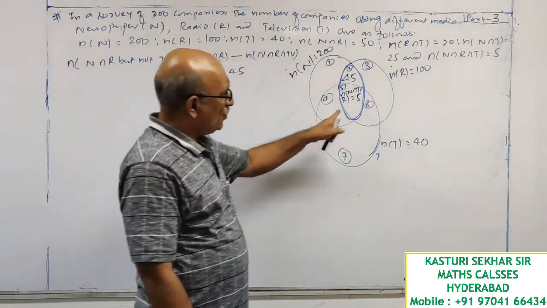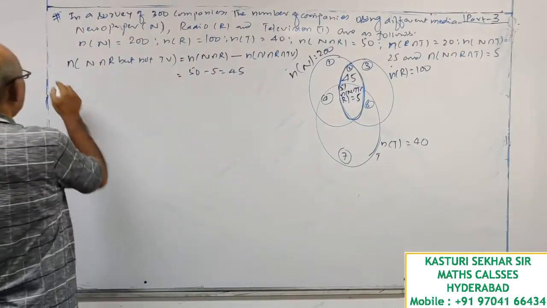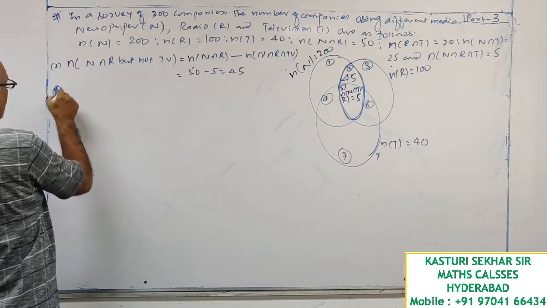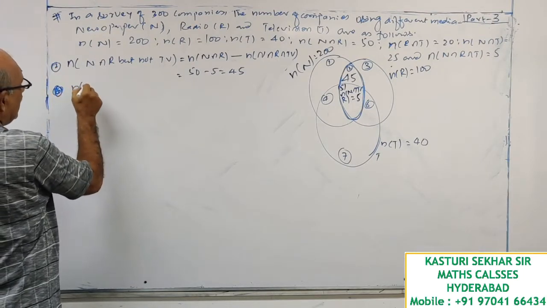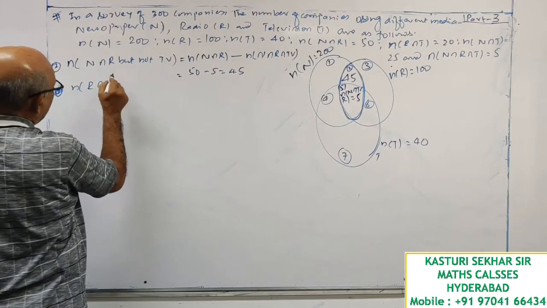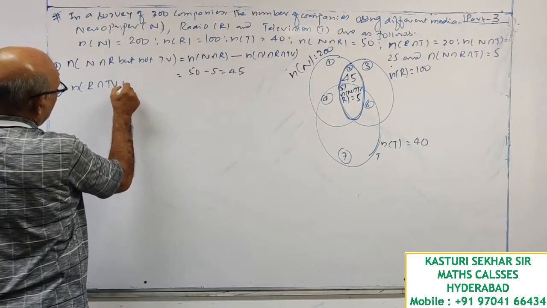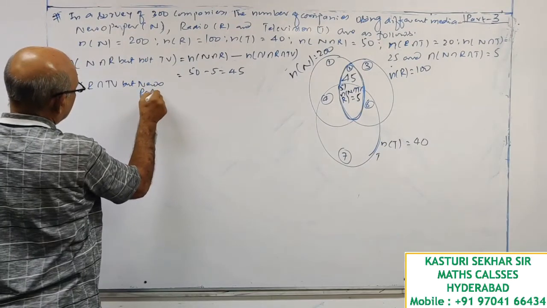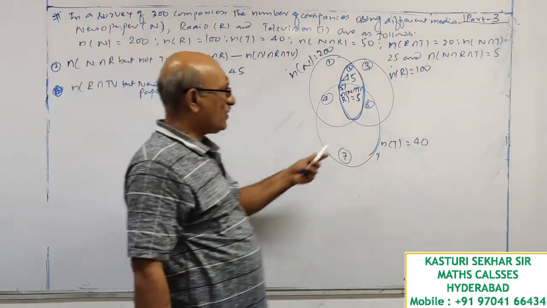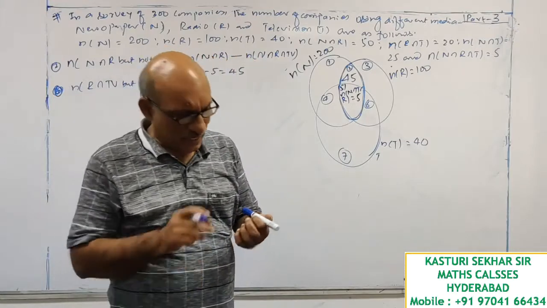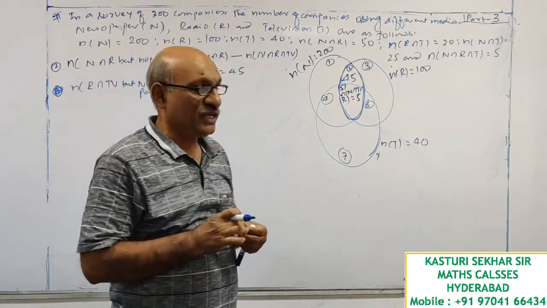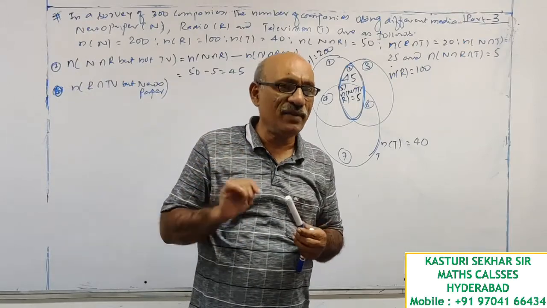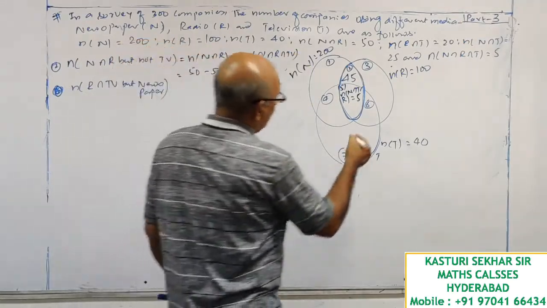Now let us move to 6. This is the second 6: n of radio intersection TV but not newspaper. This part 6 will represent the number of companies which are using radio and TV but not newspaper as their media.